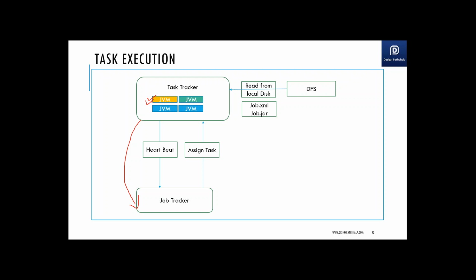A new JVM instance is created, and that block is processed in that JVM instance, and that logic is read from the distributed file system. So this is what I'm displaying over here.